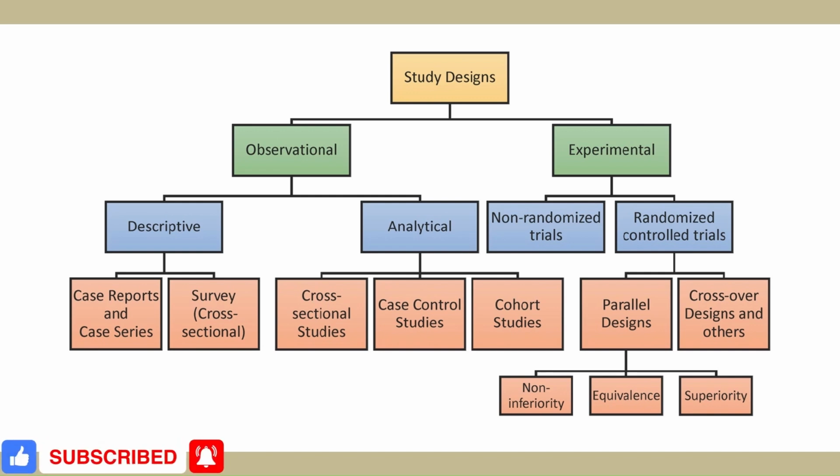The second classification is experimental design, further divided into two types: non-randomized trial and randomized controlled trial. Randomized controlled trial is divided into parallel design, crossover design, and others.